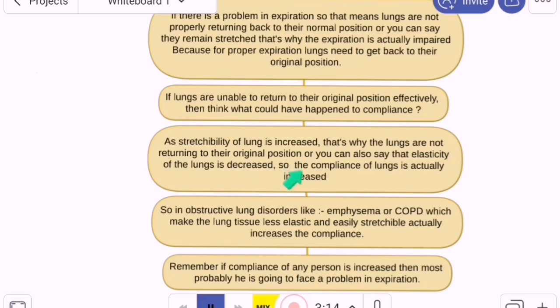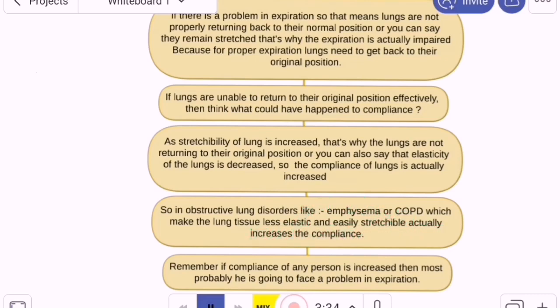So the compliance of the lungs is actually increased. So in obstructive lung disorders like emphysema or COPDs, chronic obstructive pulmonary diseases, which make the lung tissue less elastic and easily stretchable, the compliance actually increases.